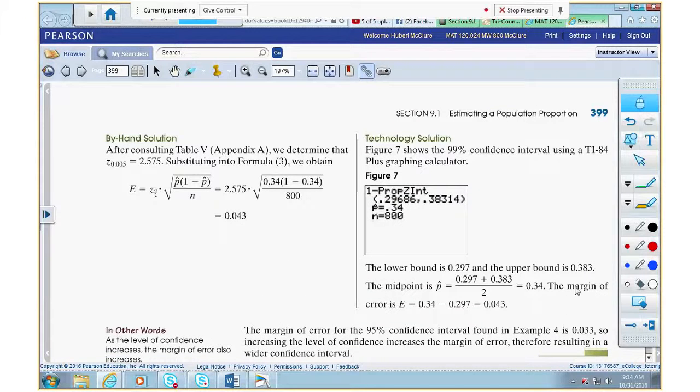When you find the margin of error, you add it to the p-hat, and that's your confidence interval. So find the margin of error.